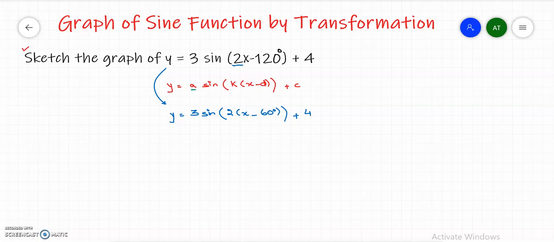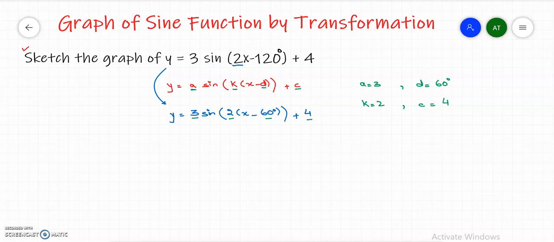The a value we have got is 3, the k is 2, the d value is 60 degrees, and the c value is 4 in this case.